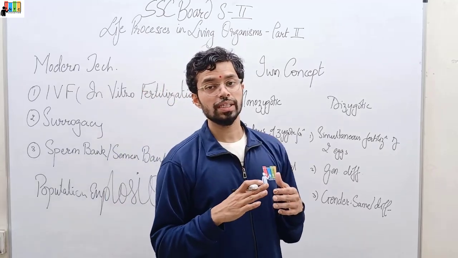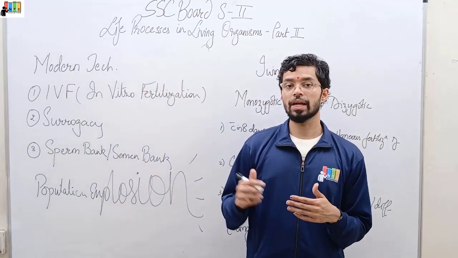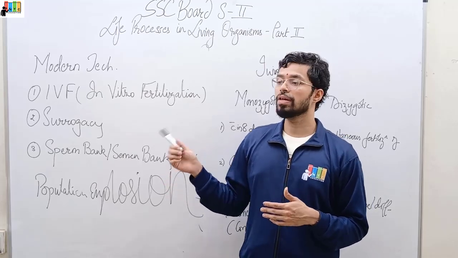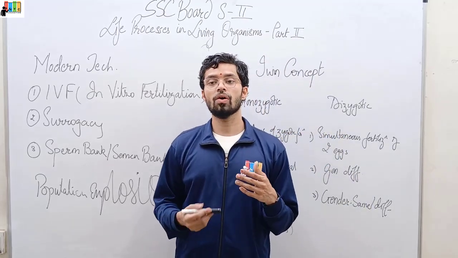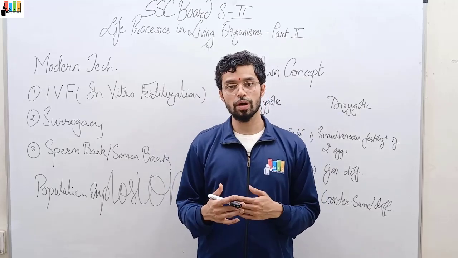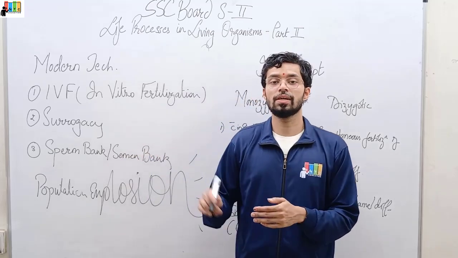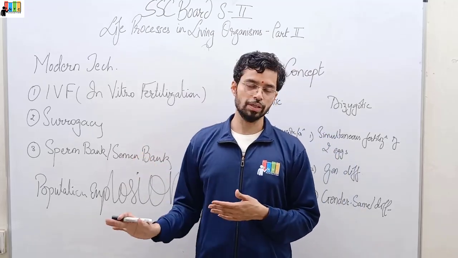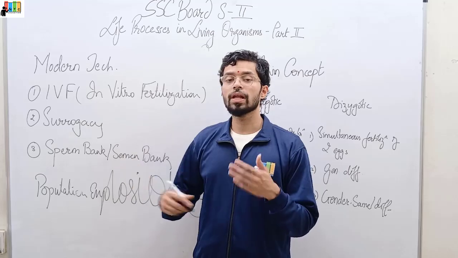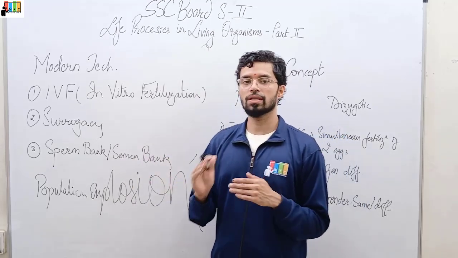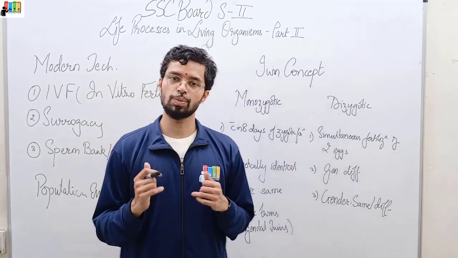This also takes a lot of synchronization, right? I told you the interplay of hormones is so critical and precise. The female has to be receptive during that stage, or she has to be externally put on hormonal therapy so that she accepts. See, if she is in menses and you try to implant, this is not going to work, isn't it? So this all has to be very critically planned. So this is your IVF: basically, external fertilization of an egg with a sperm.